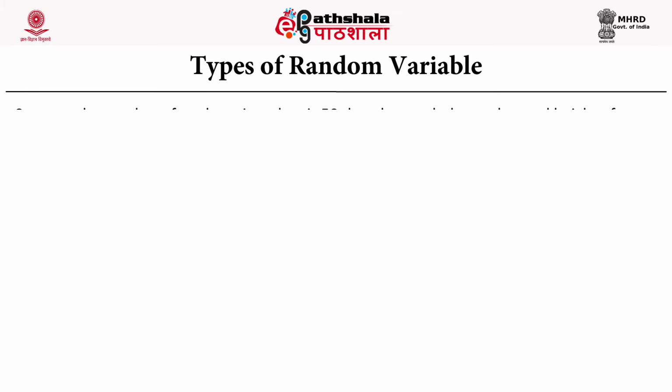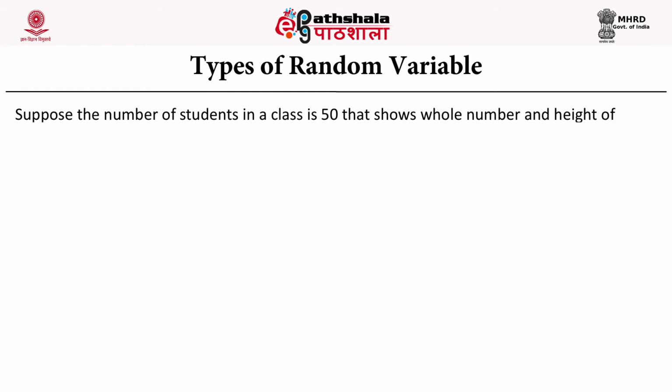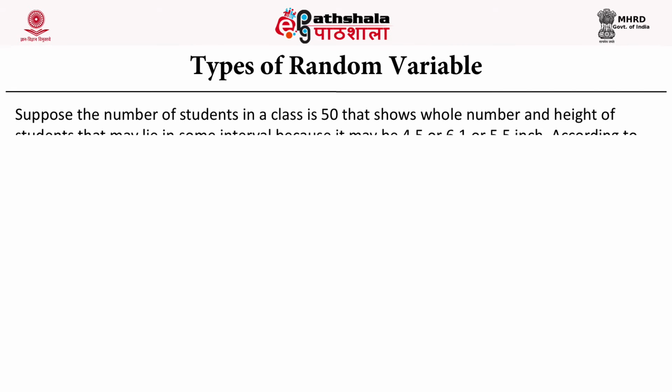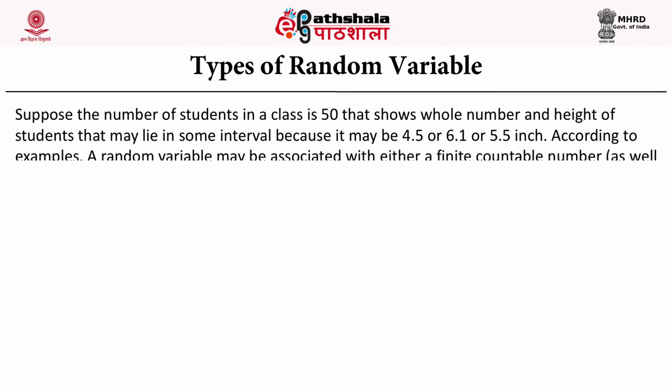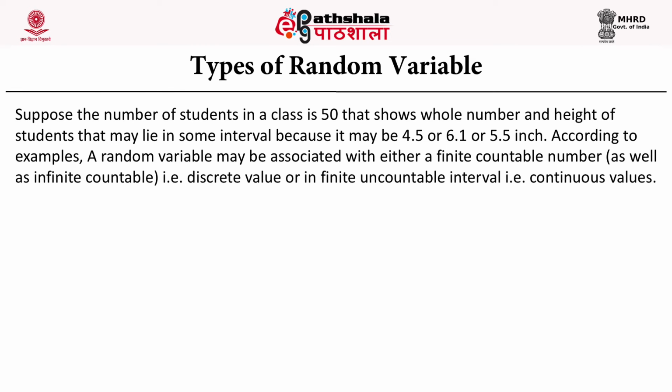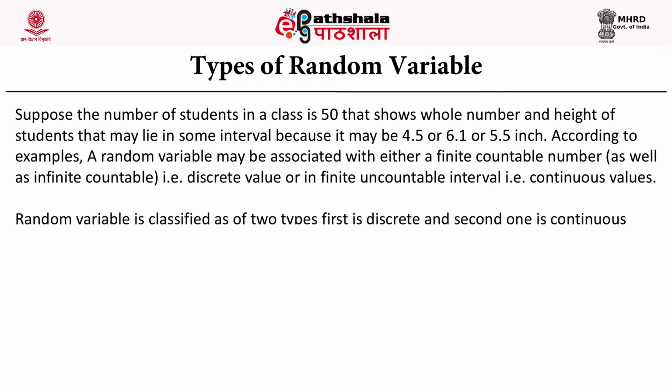So now we will discuss different types of random variables. It is very important to understand these types in depth, because we will use these types again and again in our coming modules. So it is essential that you have a clear concept about this topic. Suppose the number of students in a class is 50.